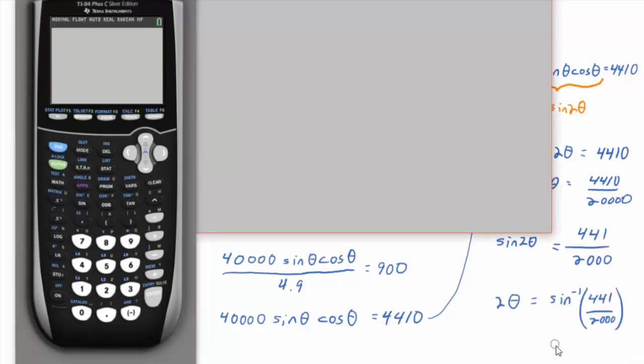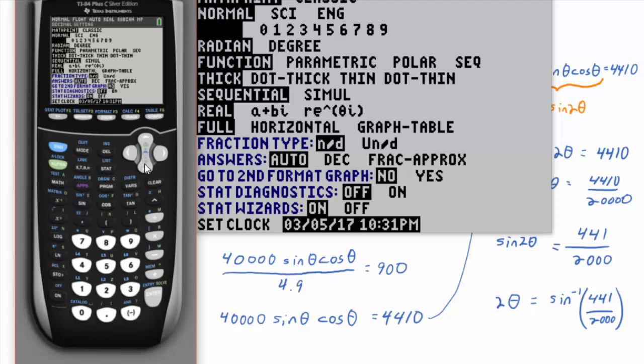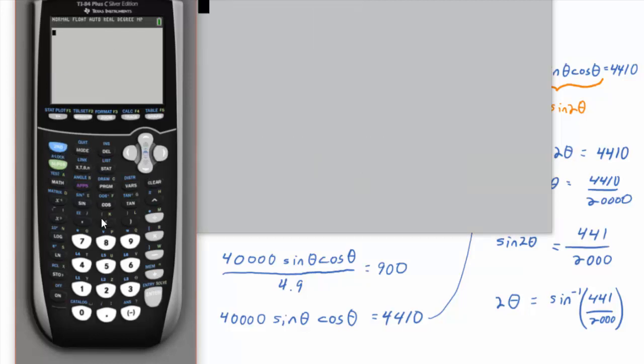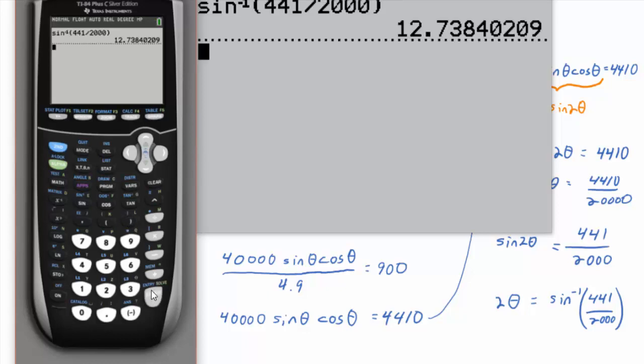Let's plug that in the calculator. I want you to be able to see it. Let's make sure I'm in the right mode. I'm not. So degree mode. And let's go sine inverse of 441 divided by 2,000. And we get 12.7384, blah, blah, blah.